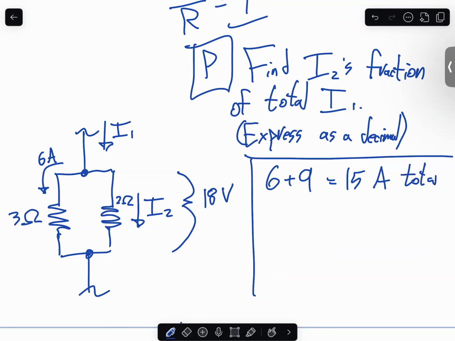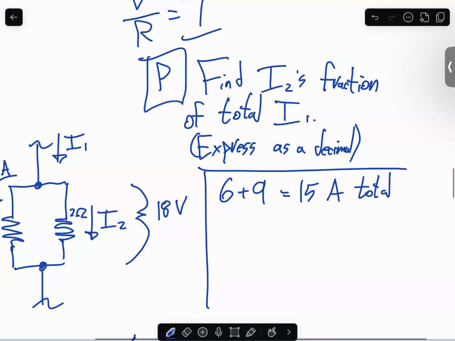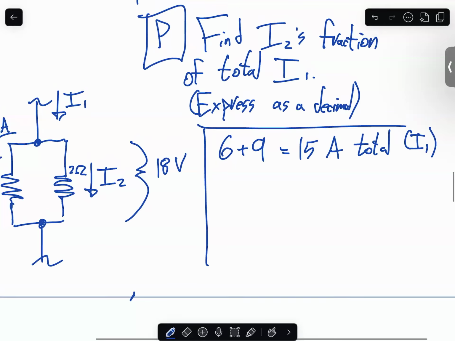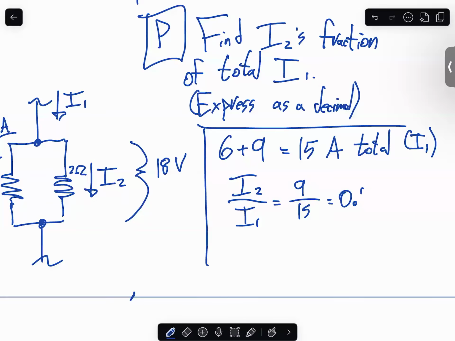The question is to find I2 divided by I1, the fraction of the total. If you plug in the numbers that we just found, 9/15 goes by the alternate name 0.6.